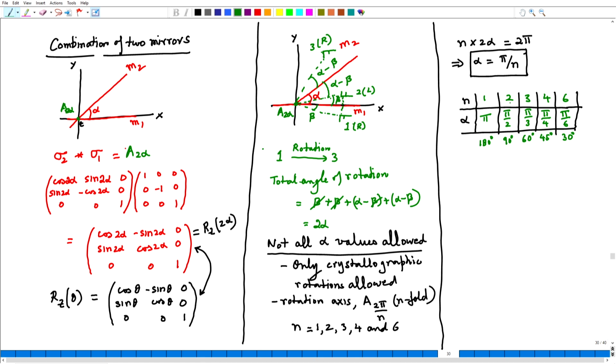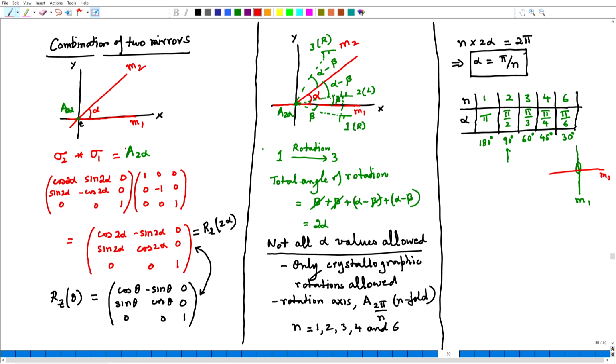And this particular result we have already seen when we added a two-fold rotational symmetry and a mirror, then a new mirror got created at 90 degrees.